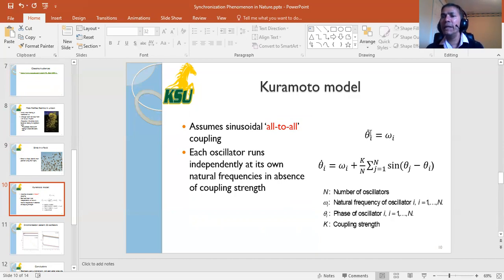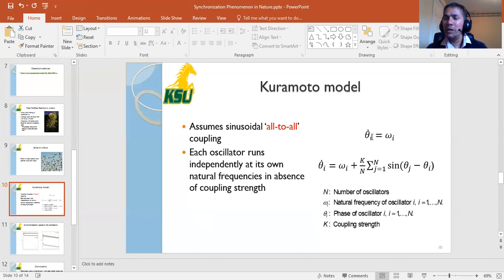So I'm not using theta just to represent an angle. It can be any periodic event, okay? Flashing on and off can be considered a periodic event. And that periodic event has to do with frequency, how frequently that periodic event is happening.